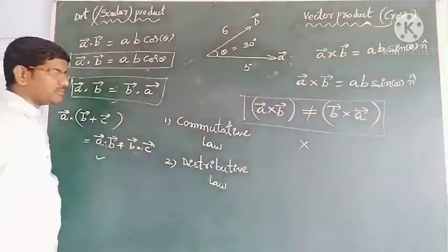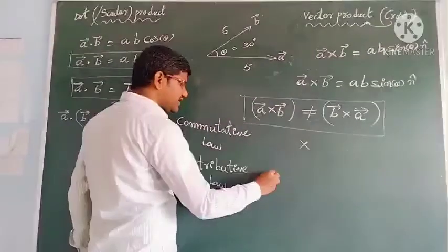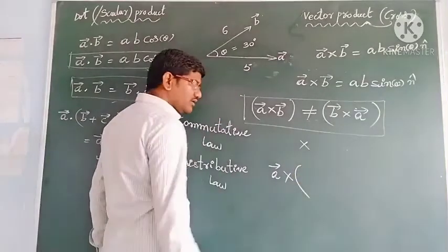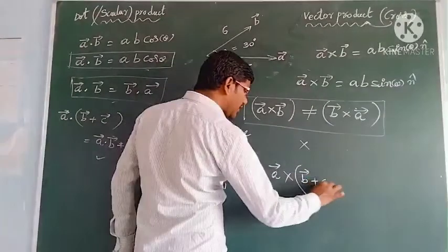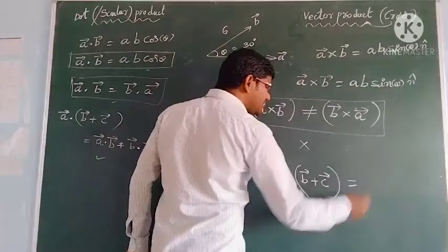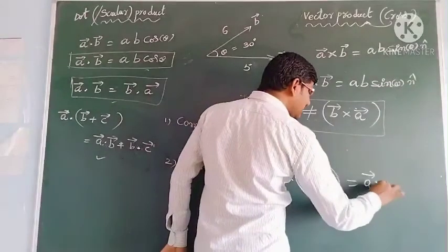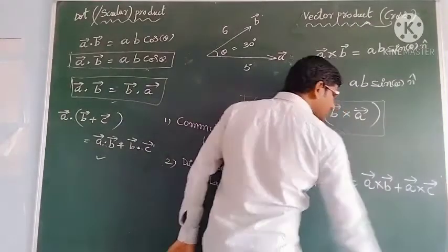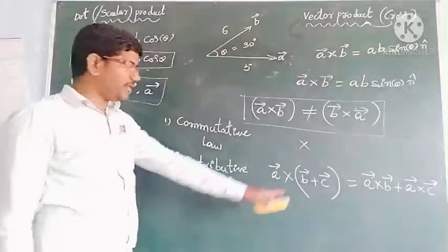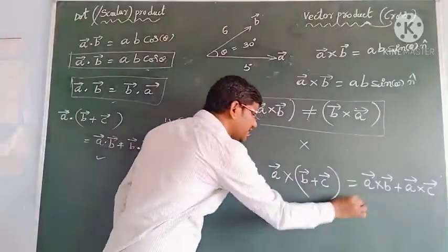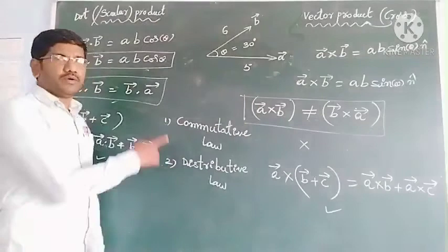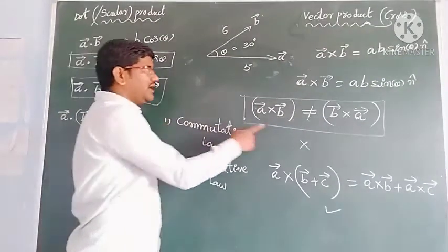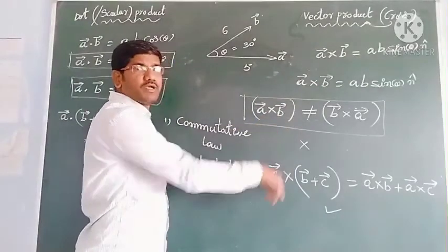And the distributive law is also obeyed for the cross product, students. A bar is one vector, and A bar cross B bar plus C bar is the same as A bar cross B bar plus A bar cross C bar. So this property, the distributive law, is obeyed here. But the dot product is commutative in nature, and the vector product is not commutative in nature.